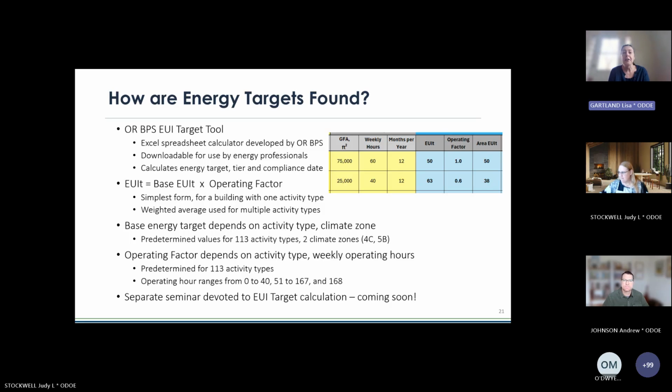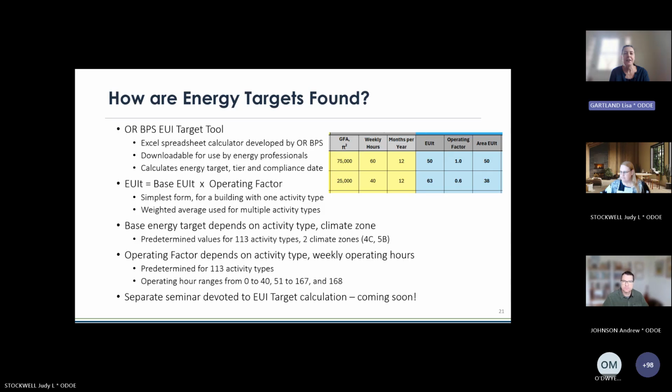But it will calculate not just your energy target, but also confirm what your building's tier and compliance state are. So it's important to do the target tool and do it early, play with it early.